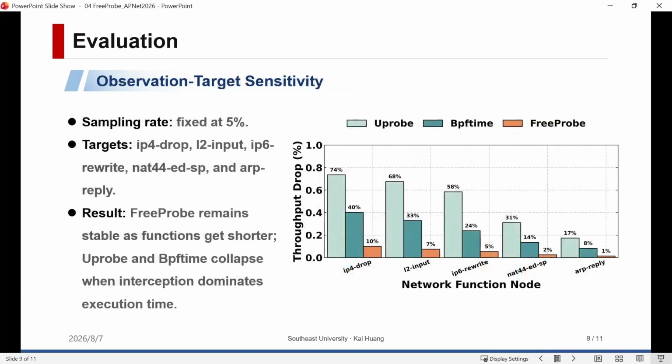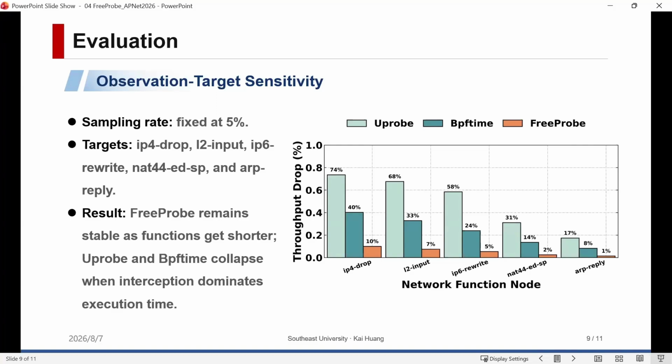Next, we fix the sampling rate at 5% and vary the target function duration across 5 VPP nodes. As the function becomes shorter, the fixed interception cost dominates uprobe and BPF time. For the shortest node, IP4 drop, their throughput loss reaches 74% and 40%.